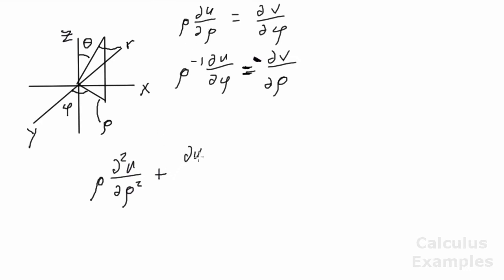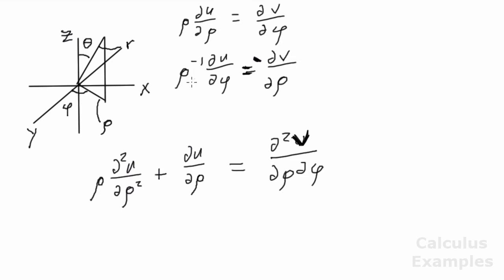So that's just the second factor, the partial of u with respect to rho. Now let's do the right-hand side. That gives us the second partial of v with respect to rho and phi. Right, so this should be pretty straightforward.